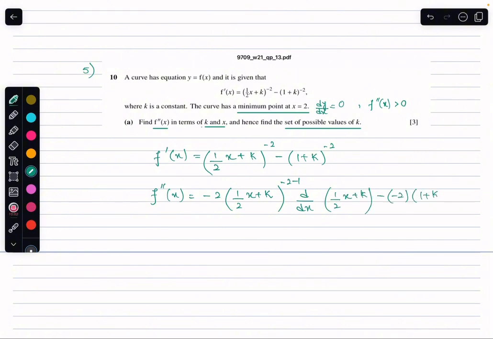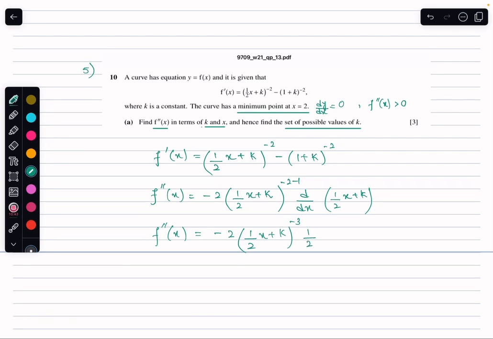In the second part we have this constant, 1 plus k to the power negative 2. I can see that there is no x here, it has to be a constant value. So when I take the second derivative, this needs to get eliminated. So f''(x) is going to be -2 times (1/2 x + k)^(-3) times 1/2.